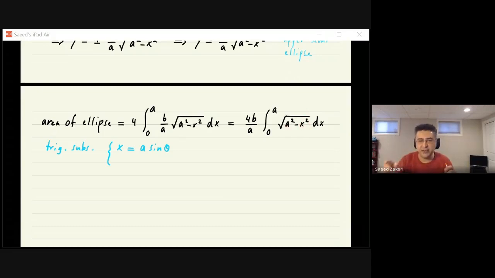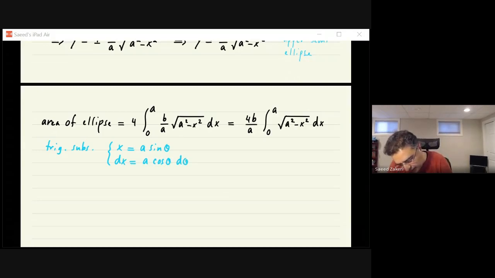What's left is 1 minus sine squared, which is cosine squared, and cosine squared under the square root will come out. It'll become cosine. It's the absolute value of cosine, but because of the range, it's positive, so we'll see. So if x is a sine theta, I need dx. Oops, dx is a cosine theta d theta.